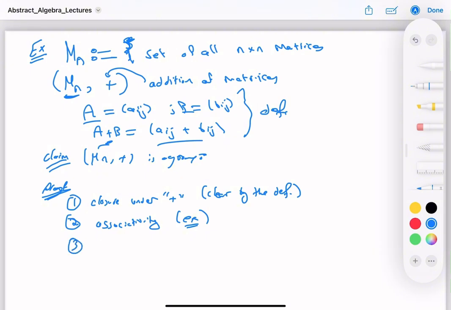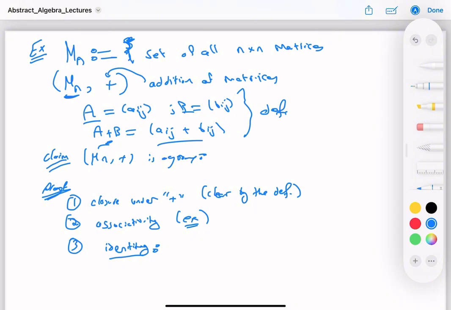Three, the identity. Back to the recommendation about what to do in abstract algebra. You want an identity, and we're talking about matrices, and we have the operation plus, right? So what's a matrix that, when you add it to any other matrix, gives you the original matrix back?